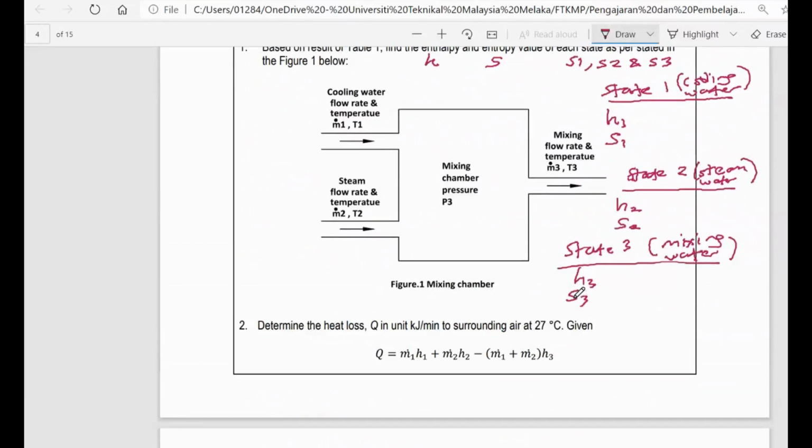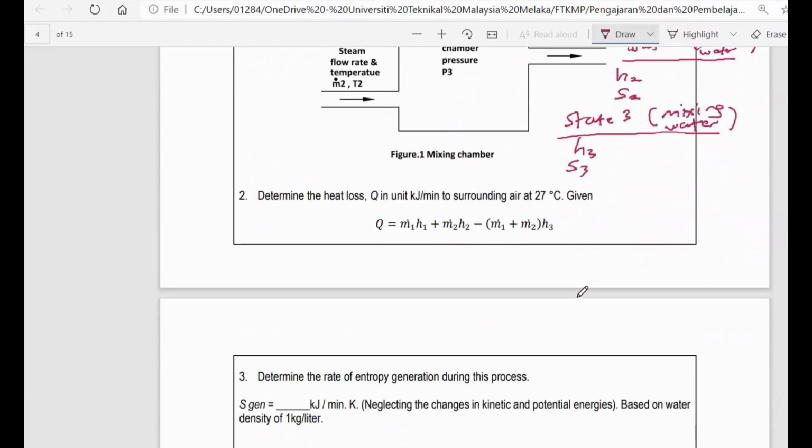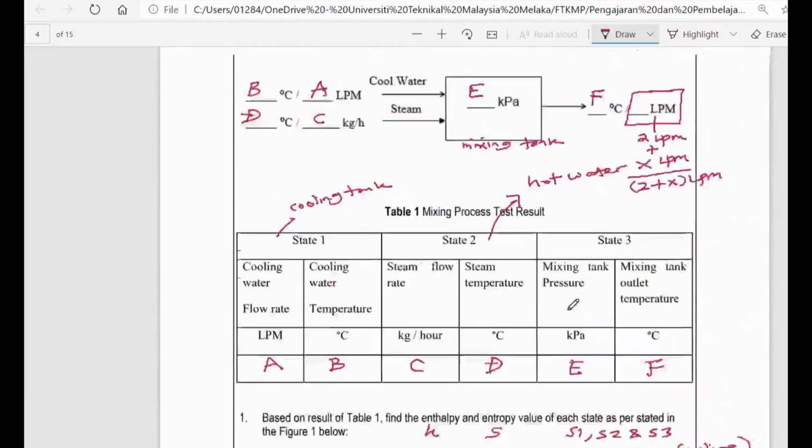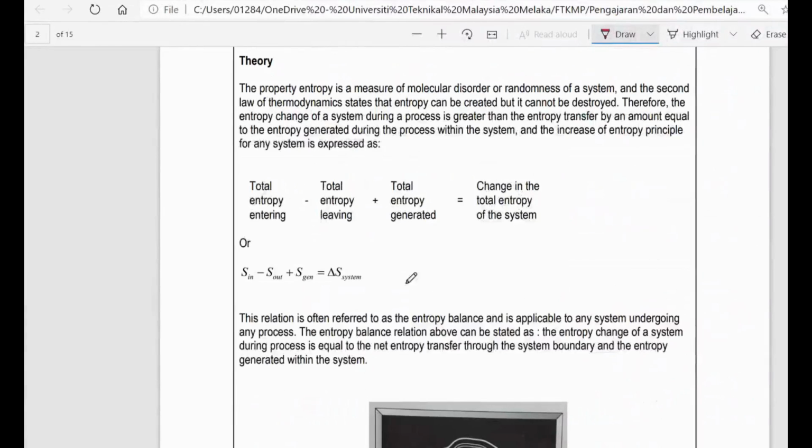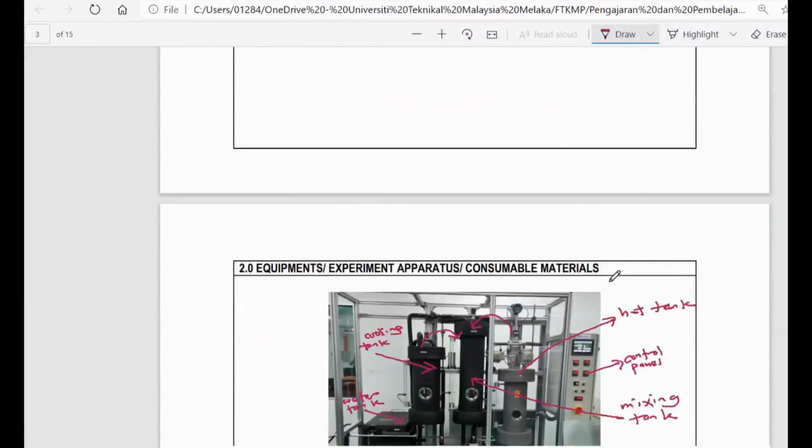Then for question number 3, you need to find the rate of entropy generation based on the equation at the top. So it is easy.